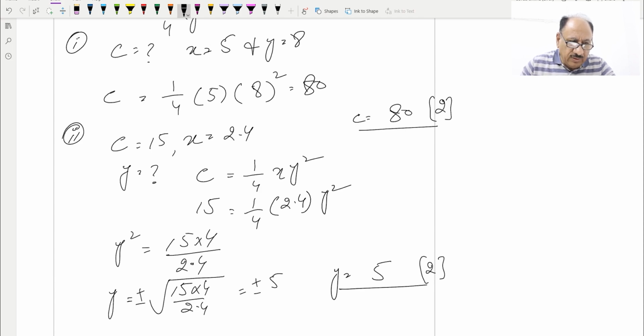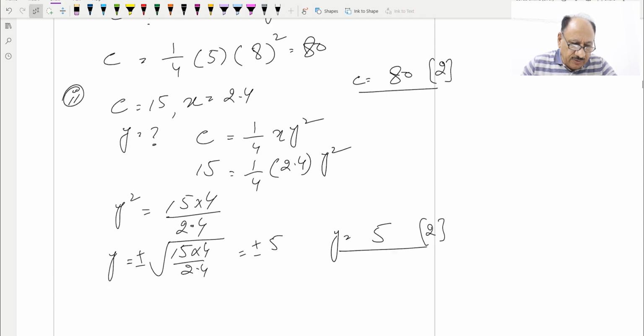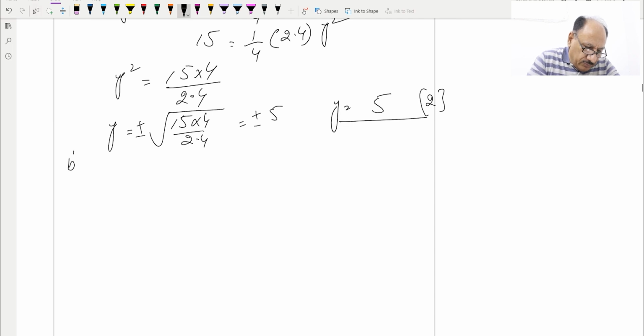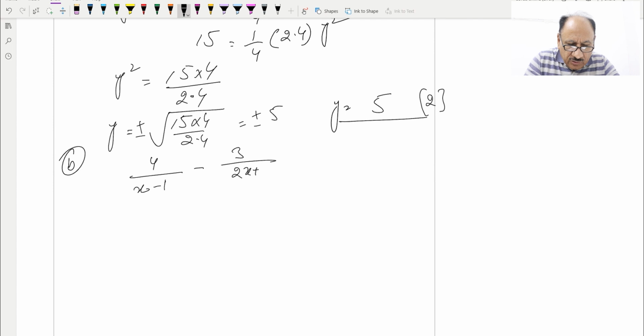Now for the next part, which is the B part, we have to write as a single fraction. The given question is 4 over x minus 1 minus 3 over 2x plus 5, and we have to write it as a single fraction. So we will be making one fraction, and these two denominators we can write as the denominator over here by multiplying them.